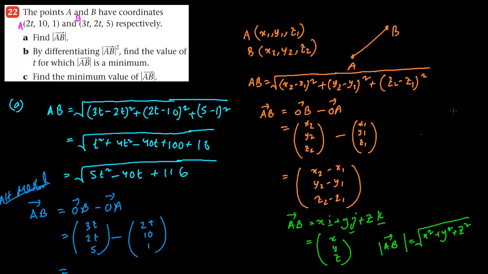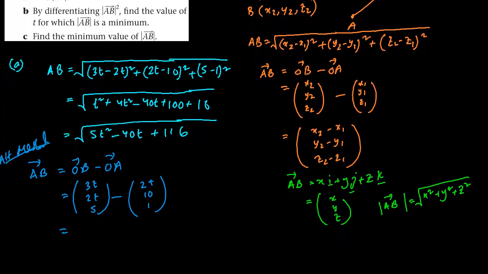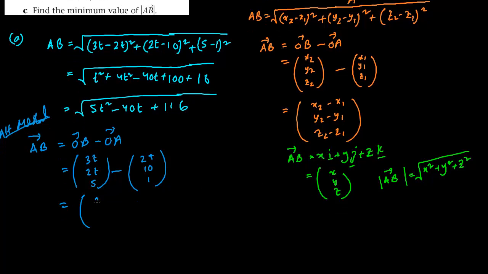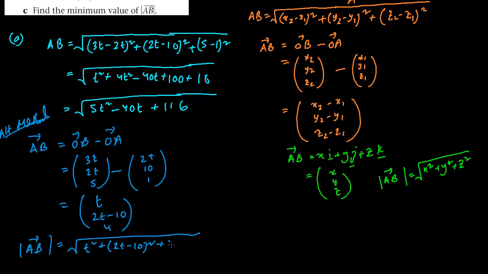And when we subtract this, 3t minus 2t is t, 2t minus 10 is 2t minus 10, and 5 minus 1 is 4. So the modulus of that is going to be t squared plus (2t minus 10) squared plus 4 squared. You can do the sum in either way, it doesn't really matter.